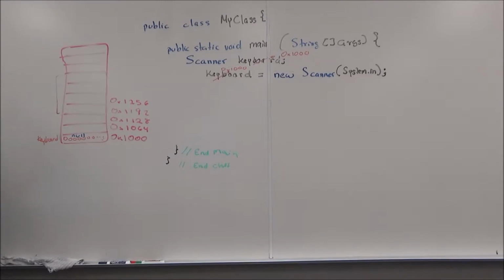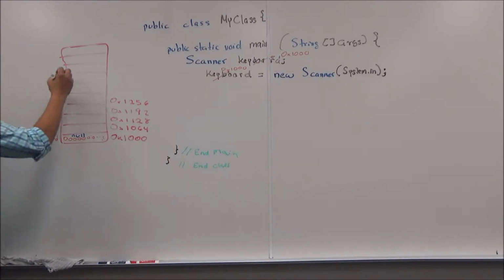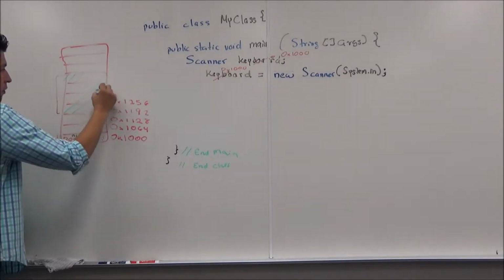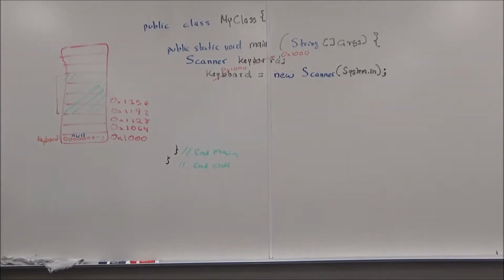Maybe I should use another color. So let's say use this. So I use this chunk of memory. That's what the Scanner used.